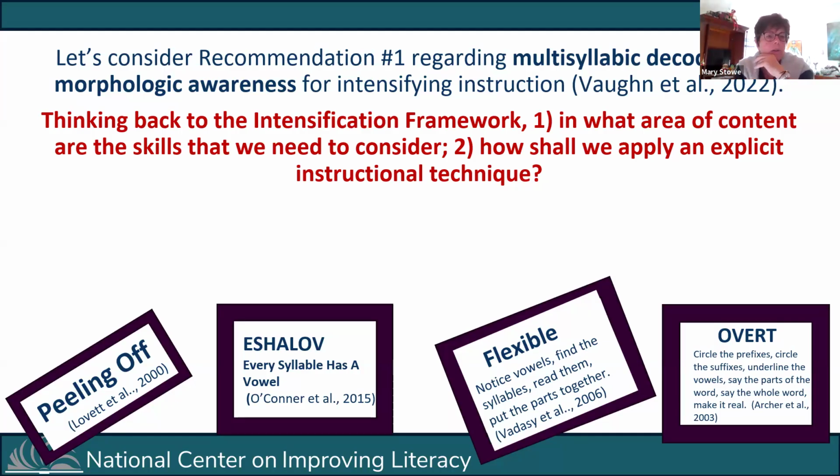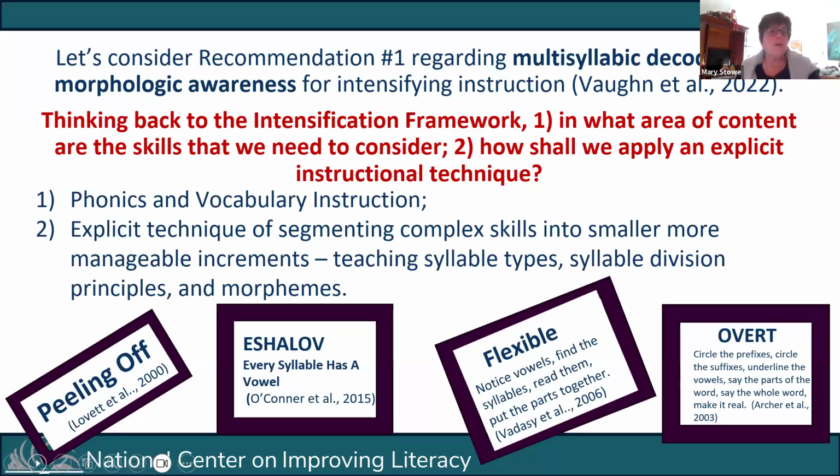So how are we going to explicitly instruct students in regard to this skill development? And for older students, we know this is extremely critical. So we're going to think about phonics and vocabulary instruction, as I mentioned just a moment ago.